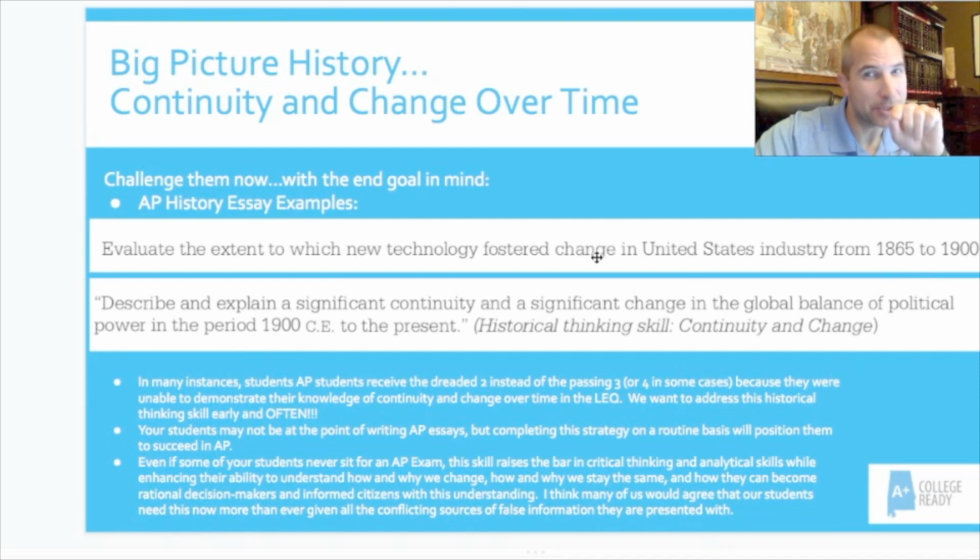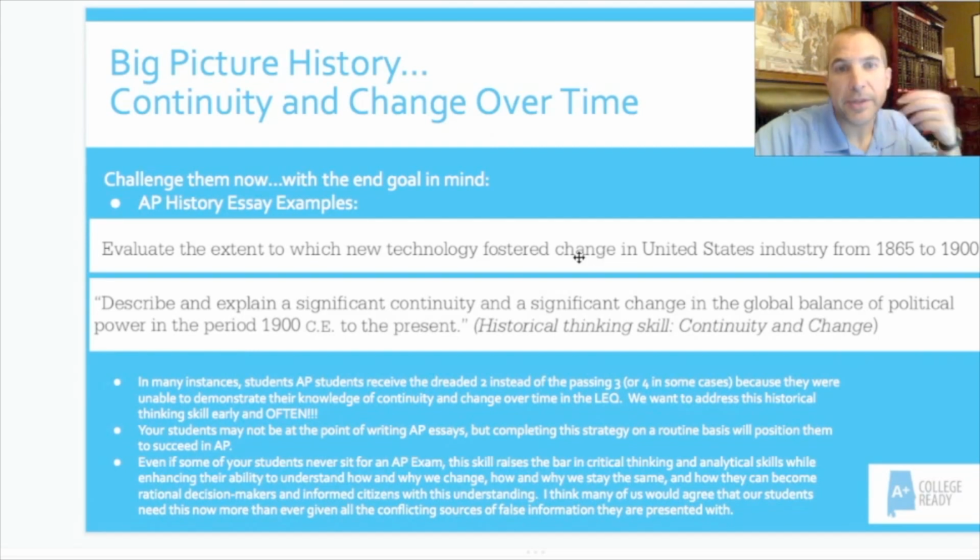Even though this question just says change, the good essay response is going to differentiate between the changes and what actually stays the same, what actually continues in the period. So don't let that throw you. Students should learn as quickly as possible that whenever they see the word change, it's a good idea to also mention some continuities.